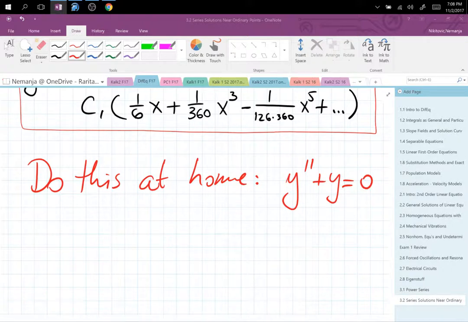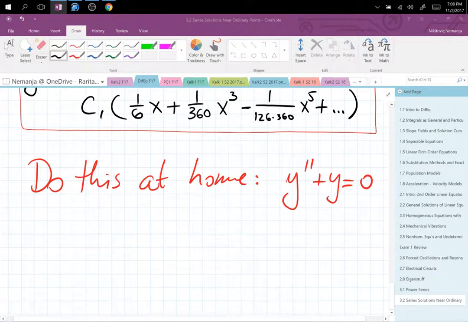I want to work on one more. I understand we have 10 and a half minutes left. Can you show it with that program? In Mathematica you just say Solve.